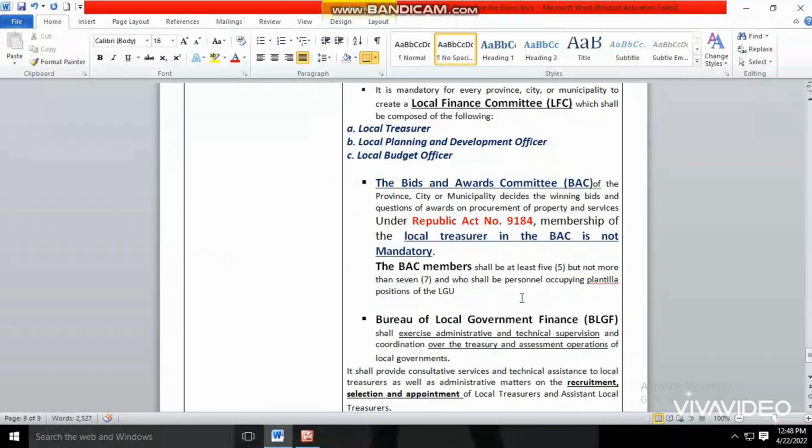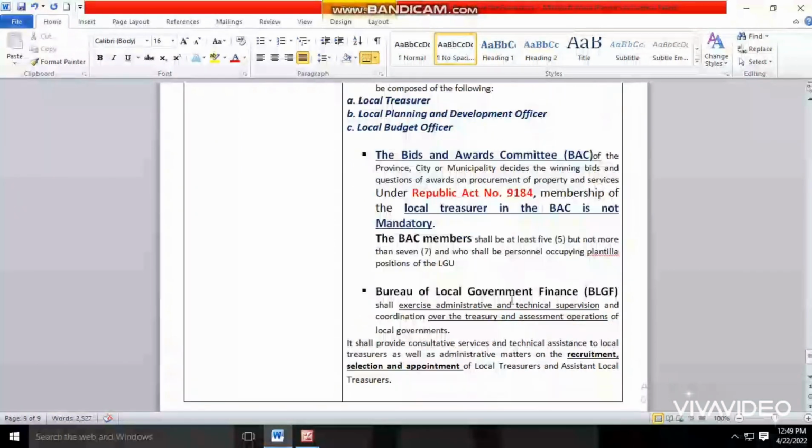There is this so-called bids and awards committee wherein each province, city, and municipality decides the winning bids and questions of awards on procurement of property and services under the Republic Act 9184. Membership of the local treasurer in the BAC is not mandatory. The BAC members shall be at least 5 but not more than 7, and who shall be personnel occupying plantilla position of the LGU.